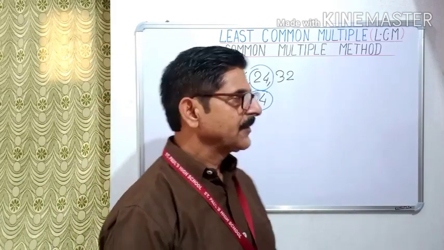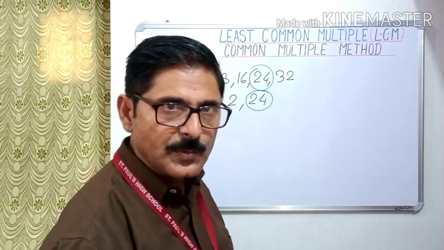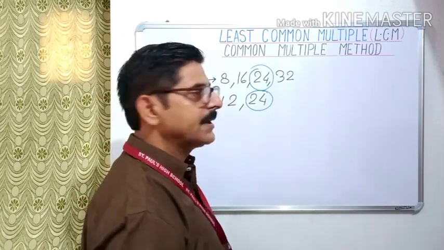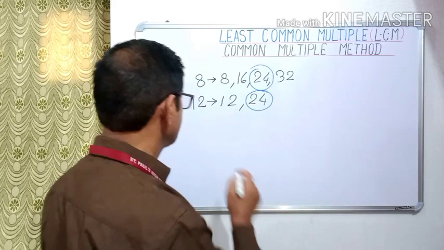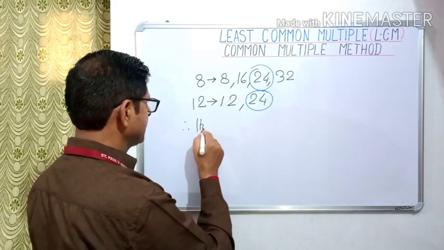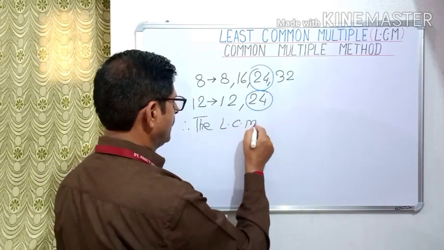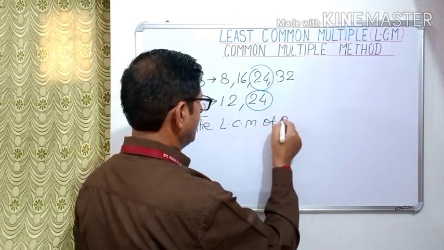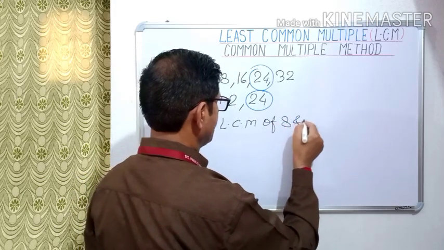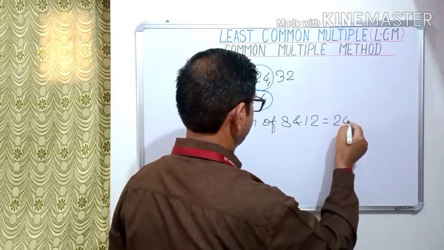So we say 24 is the LCM, that is least common multiple of 8 and 12. Hence we write, therefore the LCM of 8 and 12 equal to 24.